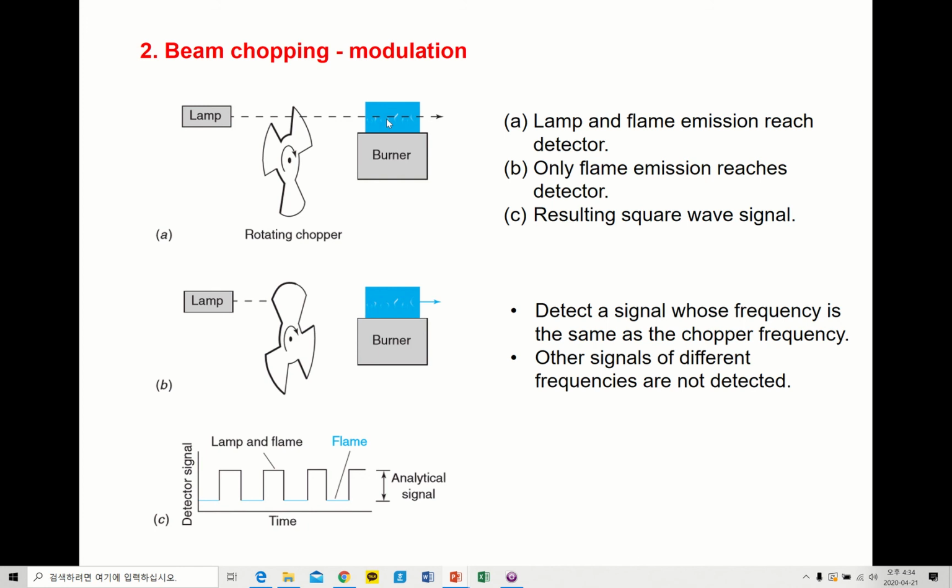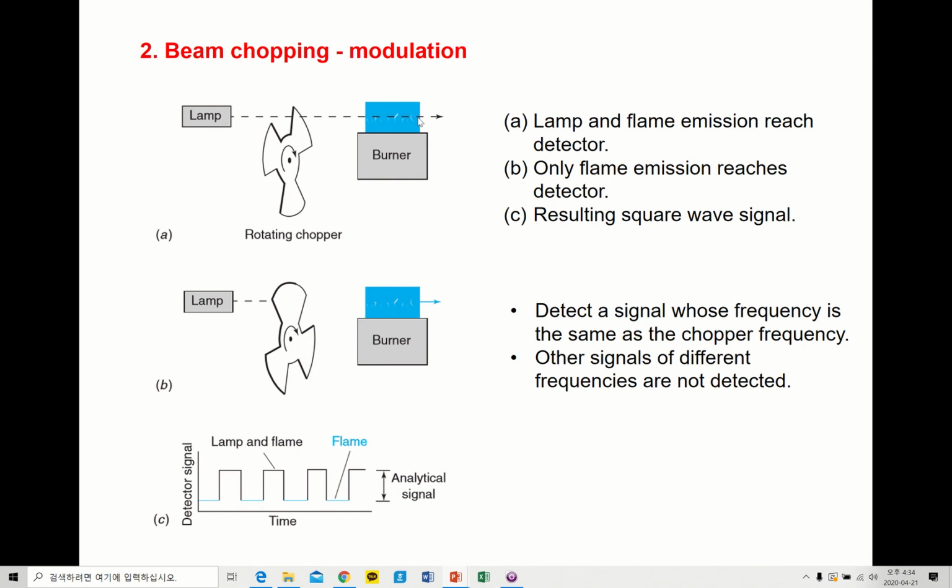On this flame, the sample is there. Here is the detector, right? The detector contains actually the true signal and the signal from the flame itself.